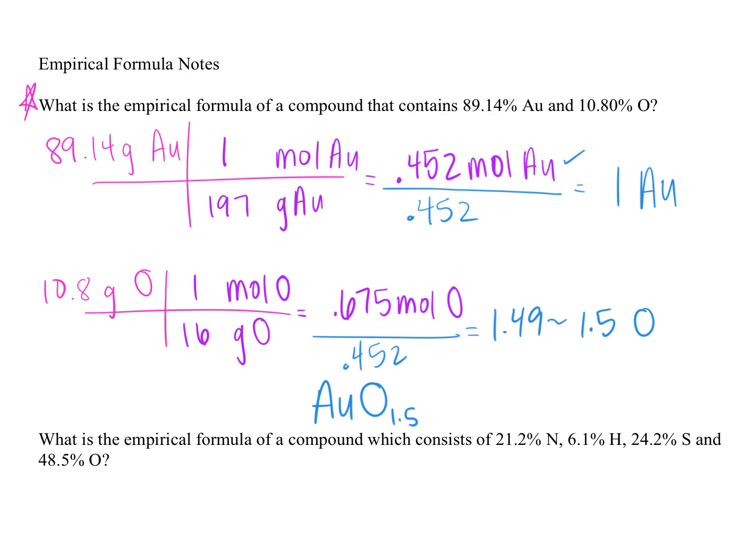What should I do? Can you make it 3 oxygens and 2 gold? Bingo, right? I'm going to multiply by some number to get them into whole numbers. So it's going to be Au2O3. Very nice. So my ratio is still intact, 1 to 1.5, but they're both whole numbers. Does that kind of make sense?